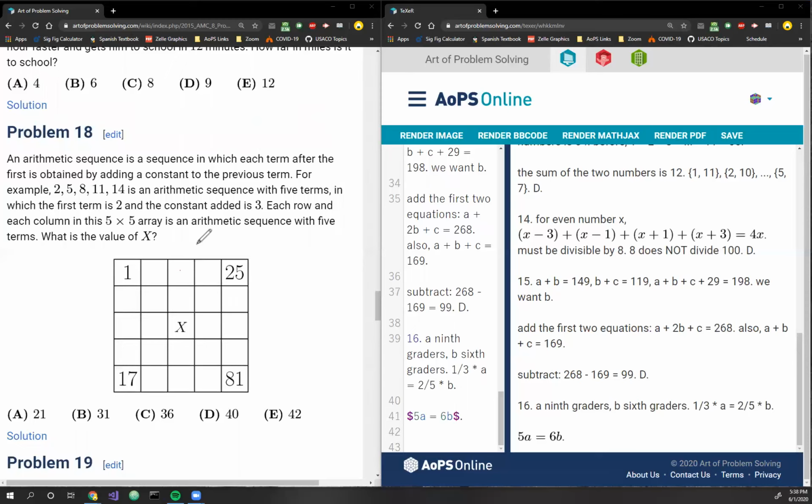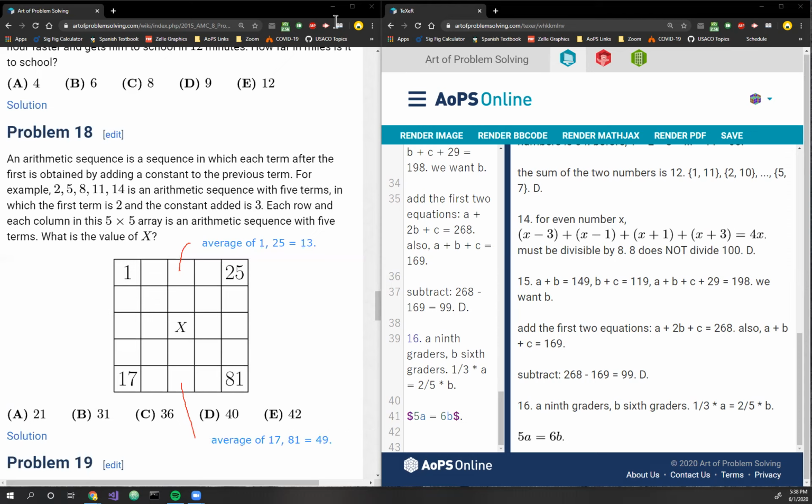So this value we can write as the average of 1 and 25, which is 13. Similarly, for the bottom, this is the average of 17 and 81, and that's equal to 49.